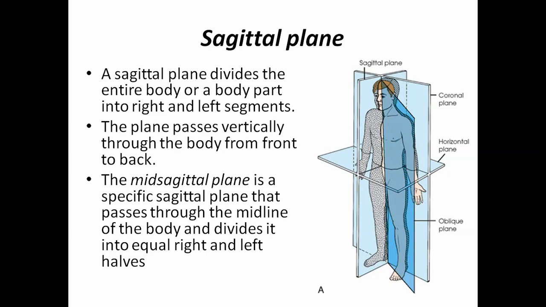A mid sagittal plane divides the body into equal right and left halves. But a sagittal plane means it divides the right and left, not necessarily equally, it might be anywhere.